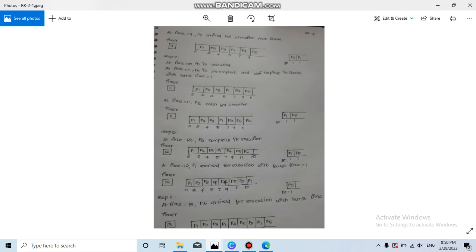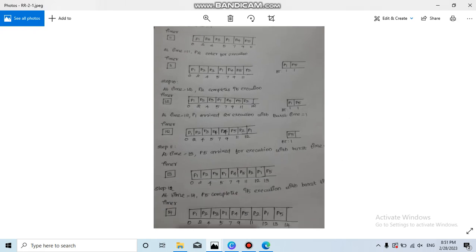At time 10, P5 starts execution and at time 11, P5 is preempted because P5 is allotted only 2 burst time. P5 is holding 3 burst time, so it gets only 2, and P5 is added at the back of the queue. Then at time 11, P2 starts its execution.